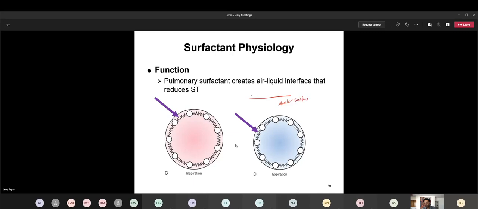So we're going to look at the inside. And then there's a layer of water. I'm just going to represent the water as wavy.